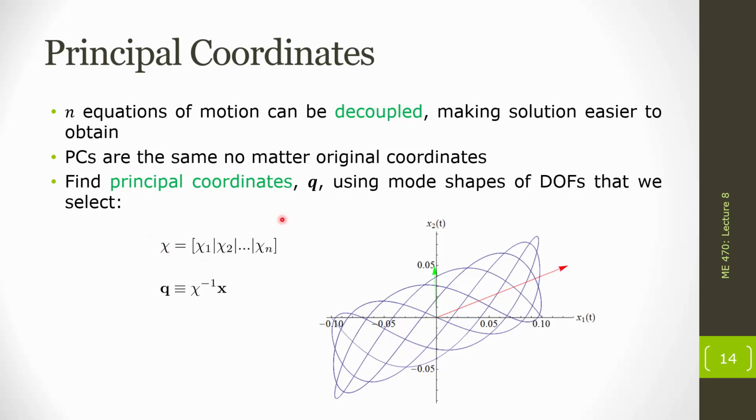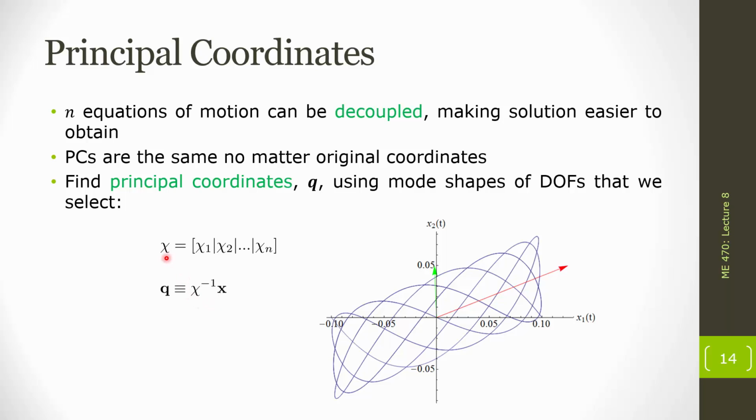And we'll have our one definition now. Our chi is going to be our collection of mode shapes. Originally, the scale of them is not going to matter if they come out of MATLAB or Mathematica. If they each have a magnitude of 1 or not, it's not going to matter. We'll just get that collection of chi values. And we're going to say that we can go from whatever our original coordinate system was, x, so is that some x1, x2, x3, whatever was convenient to derive our equation of motion in.